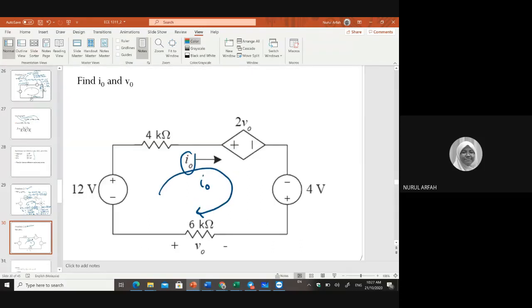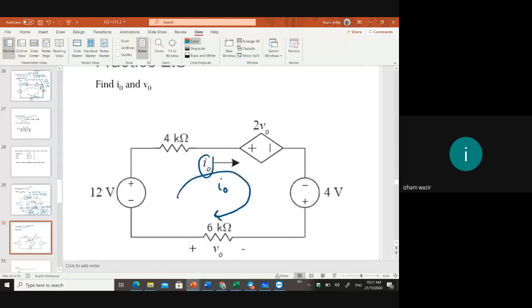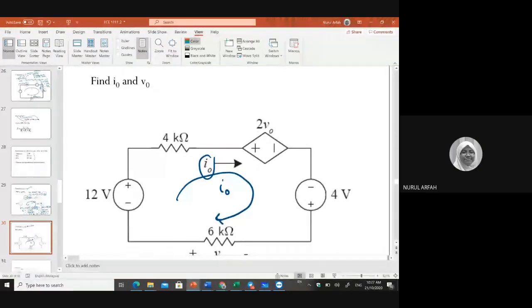KCL and KVL. If you apply KCL, where would you apply it here? You have only one, maybe one here or one here, but it's the same current because they are in series. So you don't need KCL in this equation, I think. Do you agree? Agree. Okay, good.